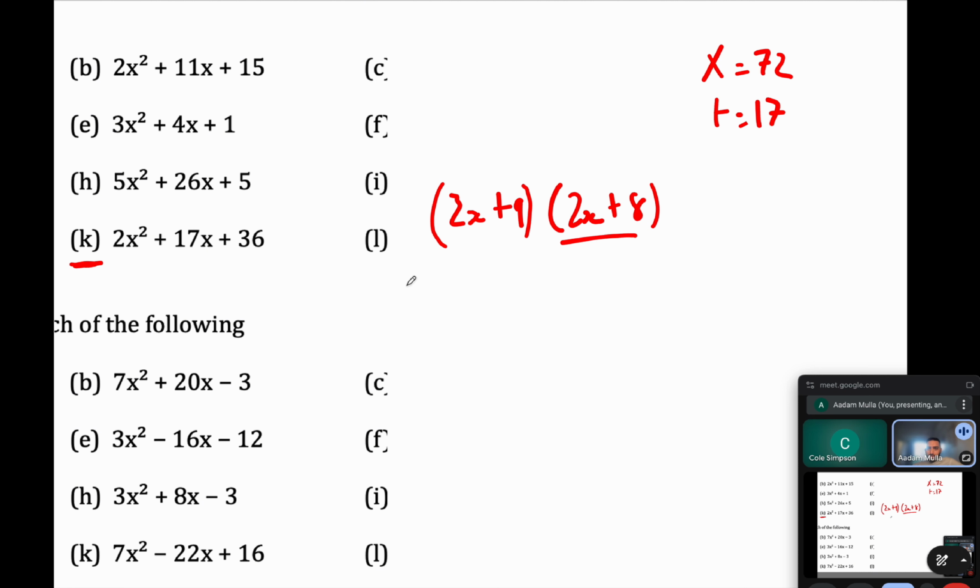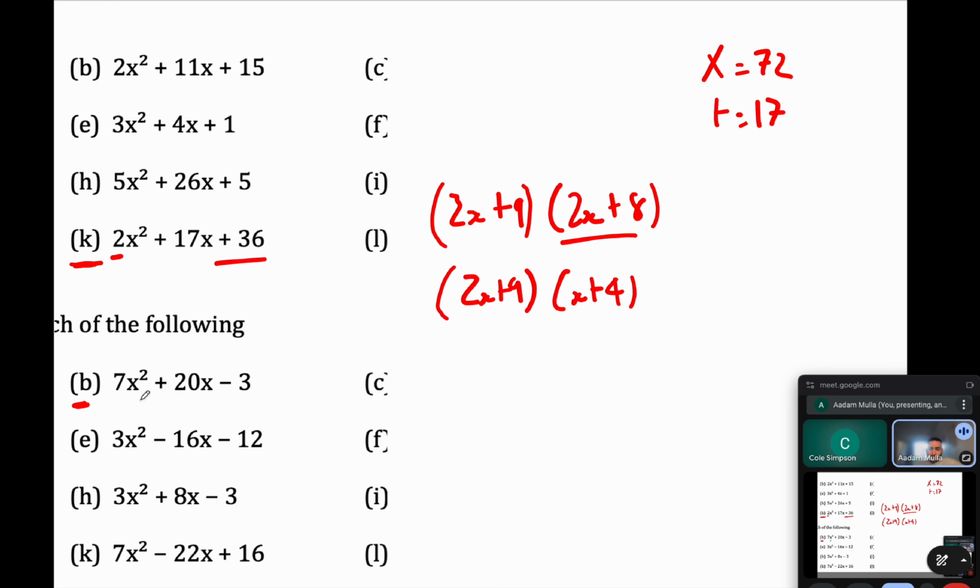Yeah, just simplify that one. Okay. That's what you should get. And 9 times 4 gives you 36. 2 times 1 gives you 2, so probably right.